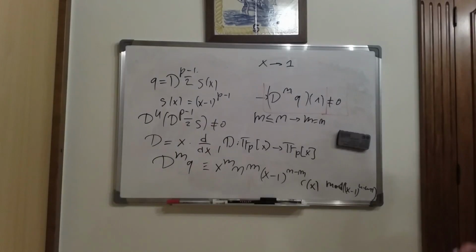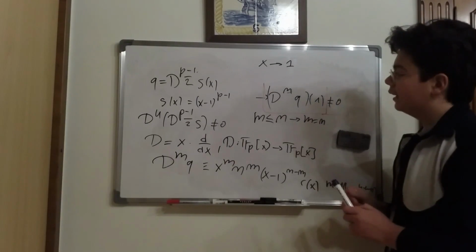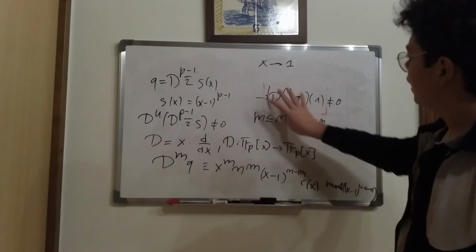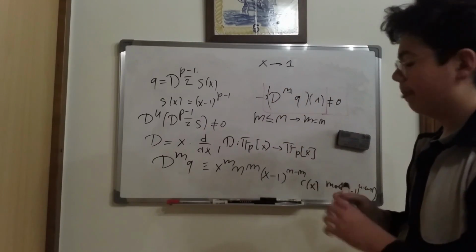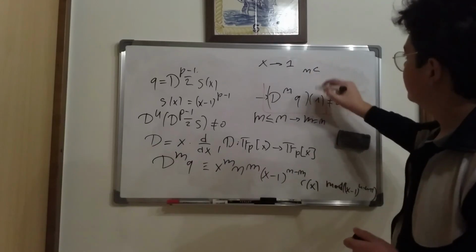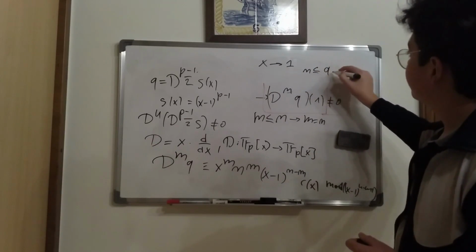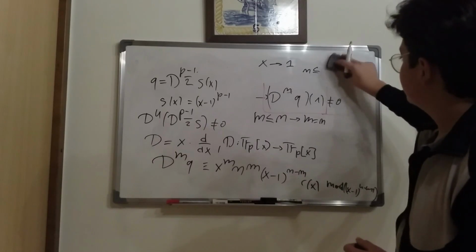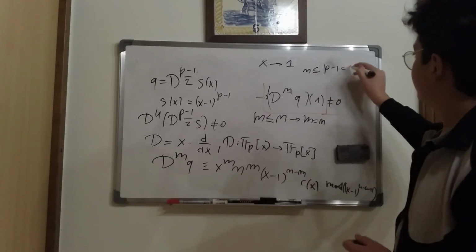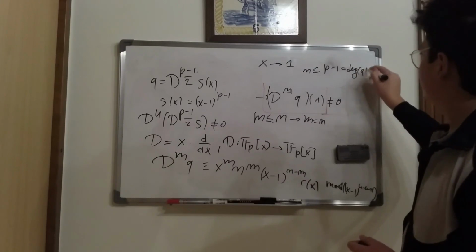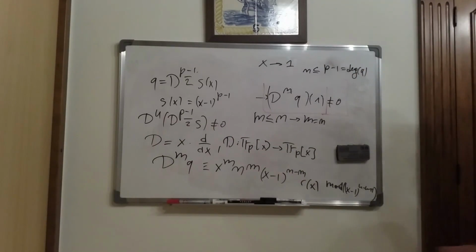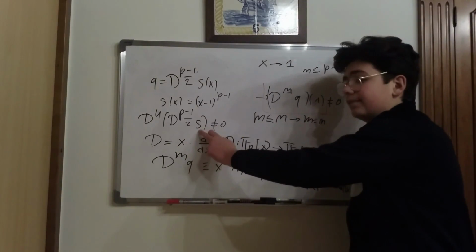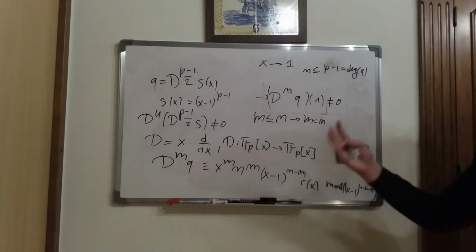Okay, I have this, and now I have that n is smaller or equal to p minus 1, that is the degree of q. Okay, and so if n is equal to p minus 1, I have this important thing. So this means that the degree of s is equal to p minus 1.